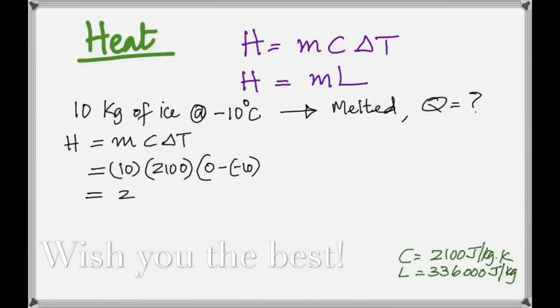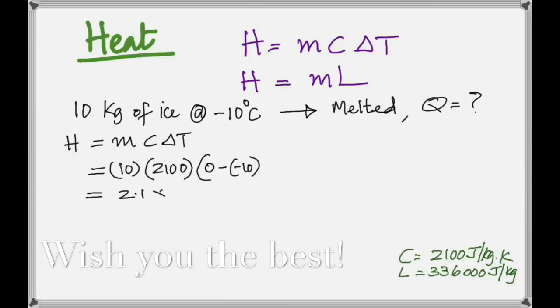Now, when you take the change in temperature, it has to be final minus initial, right? So 0 minus negative 10, you know what I mean? So don't put a negative there, because it's heat being absorbed. Negative heat would mean heat is being rejected.